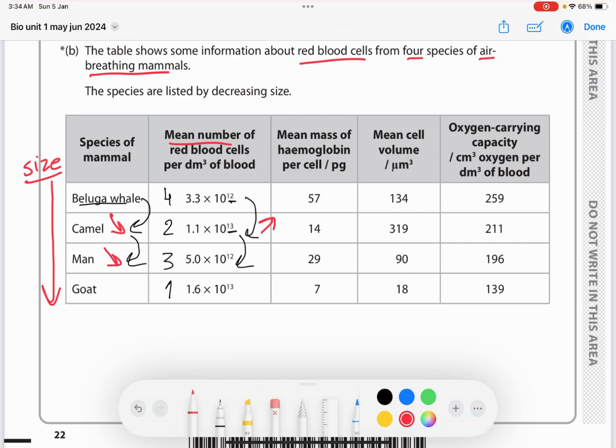Here it is decreasing as well. Then we can compare this value with this value. We can see here it's decreasing, and here it is increasing again. So this shows that there is no clear correlation between the size and the mean number of red blood cells. And that was the first point that I mentioned over there.